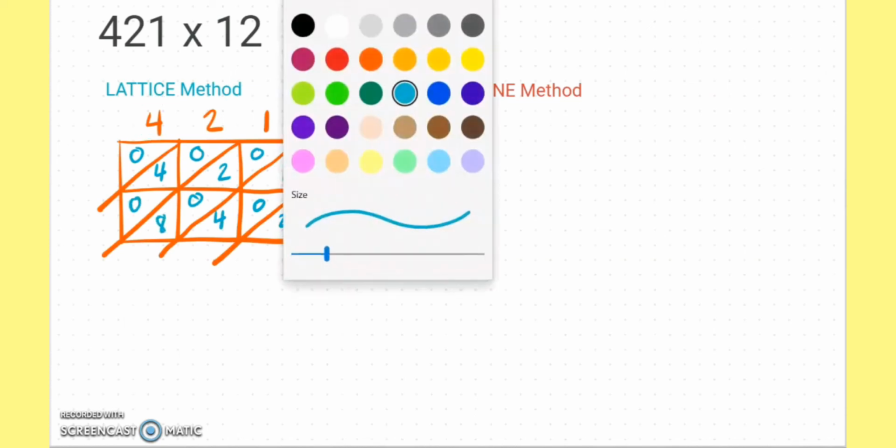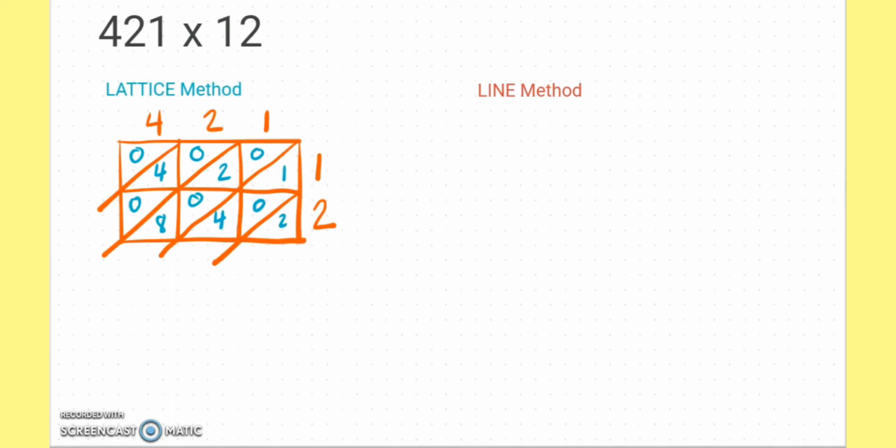Then let's get the sums from the groups. So here we only have a 2. 1 plus 0 plus 4 is a 5. 0 plus 2 plus 0 plus 8 is a 10, so 2 digits, right? So we only get the ones digit and the tens digit will be included in the next group. So we have 0 plus 4 plus 0 plus the 1.